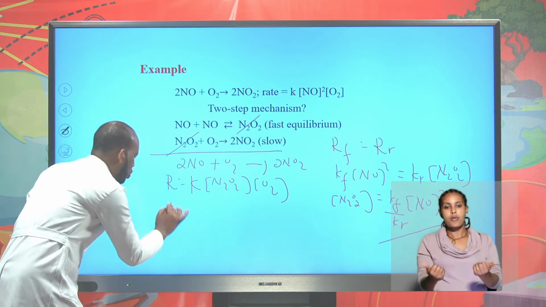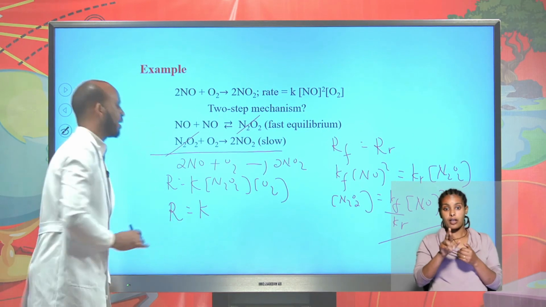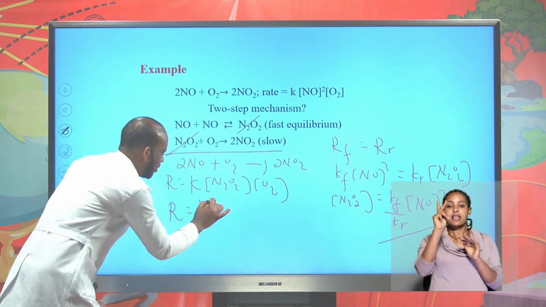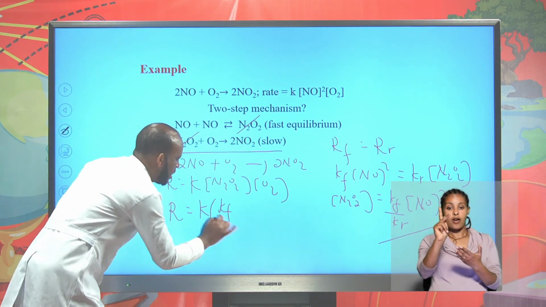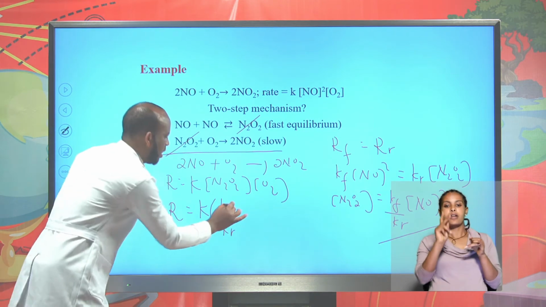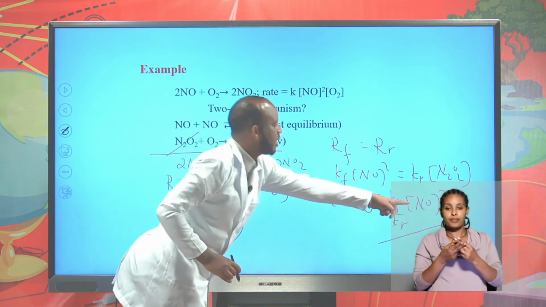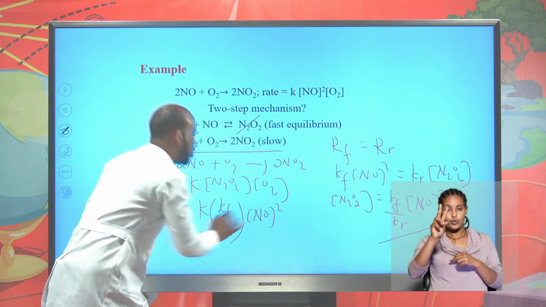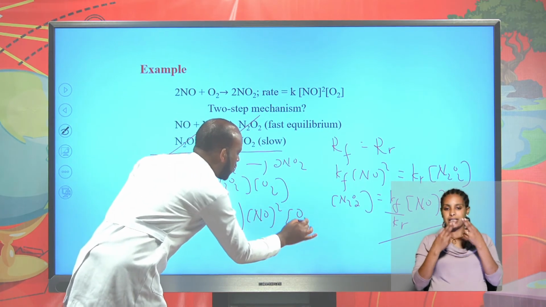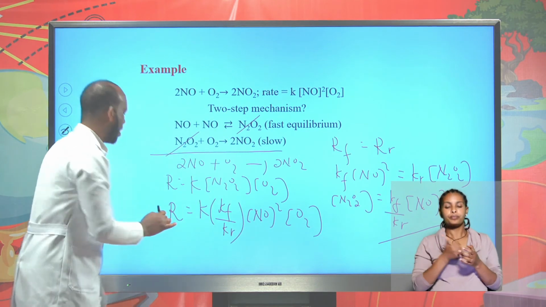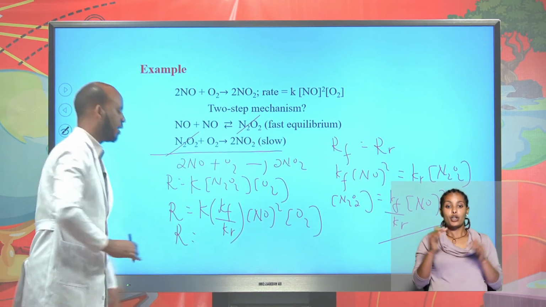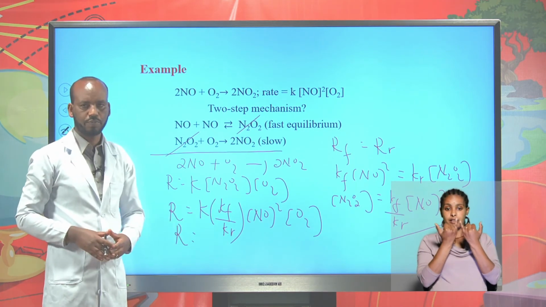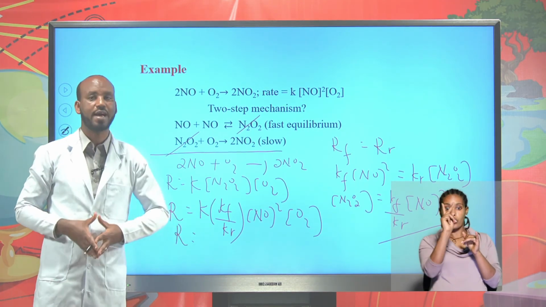Now, rate equals k times concentration of N2O2, which is k forward divided by k reverse times concentration of NO to the power 2, times concentration of O2. k is a constant. k forward divided by k reverse, again, constant divided by constant gives you another constant.